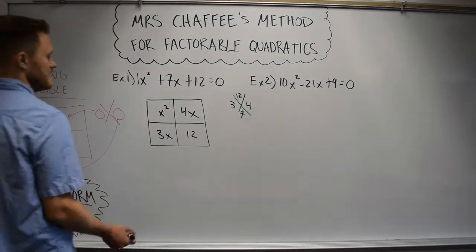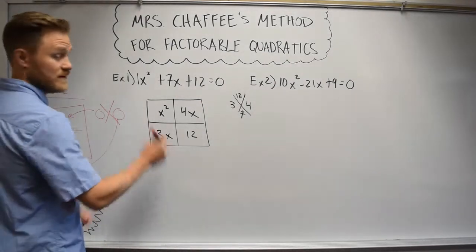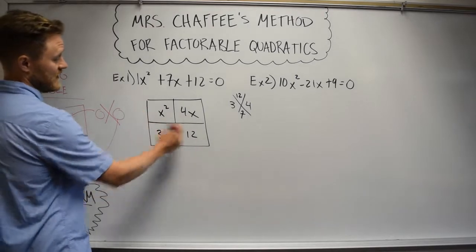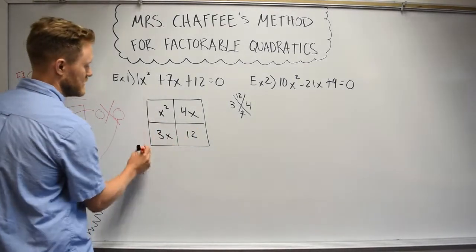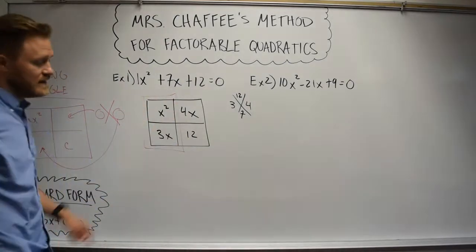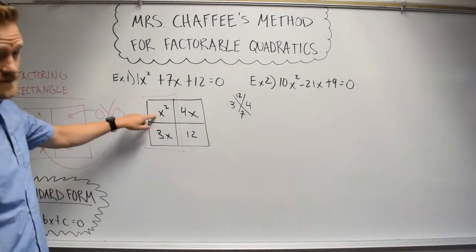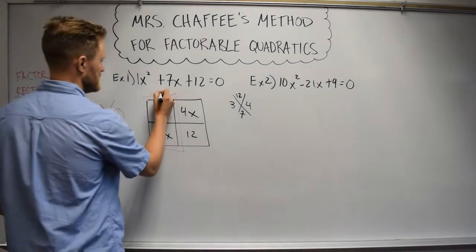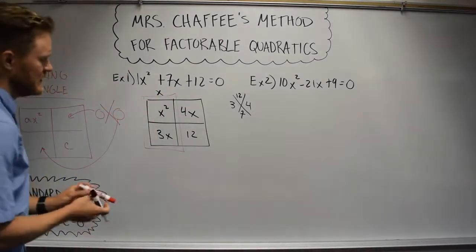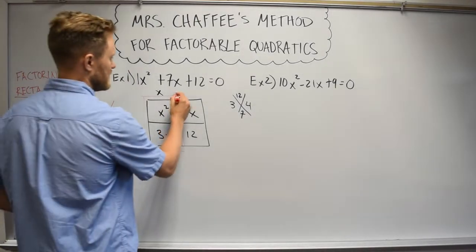All right. Now, we're going to look at the rows and the columns, and we're going to factor out the GCF for each row and each column. So I'm going to start by looking at this column right here. And I'm going to factor out the GCF for x squared and 3x. So if I look at those two, the GCF is x. And then I'm going to do the same thing for this column.